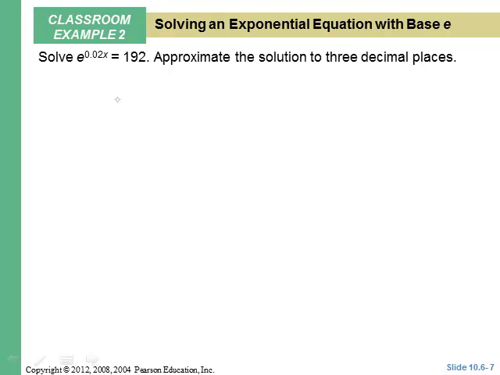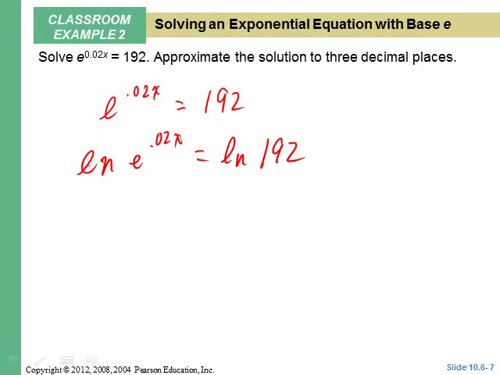This one, e to the 0.02x equals 192. We can rewrite that as ln e to the 0.02x equals ln 192. Put this out front, and we have 0.02x. ln of e is 1, so times 1 equals ln 192.